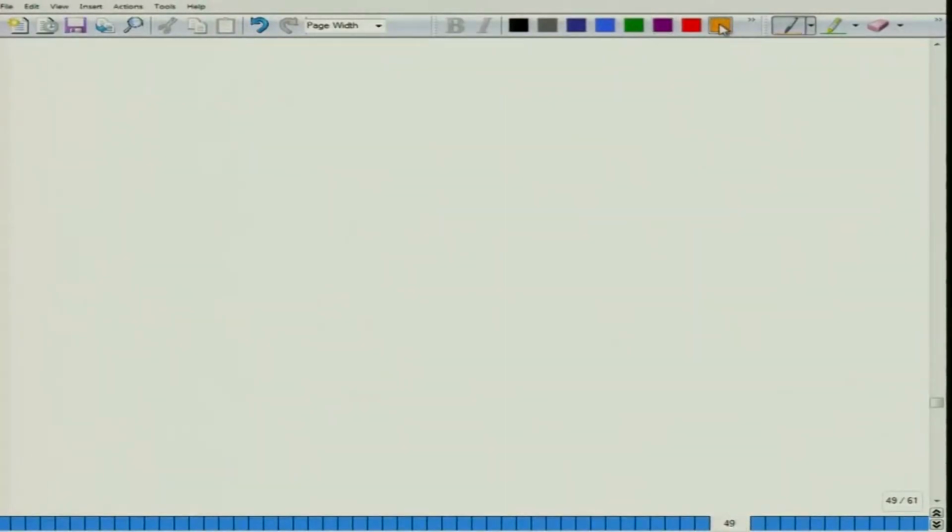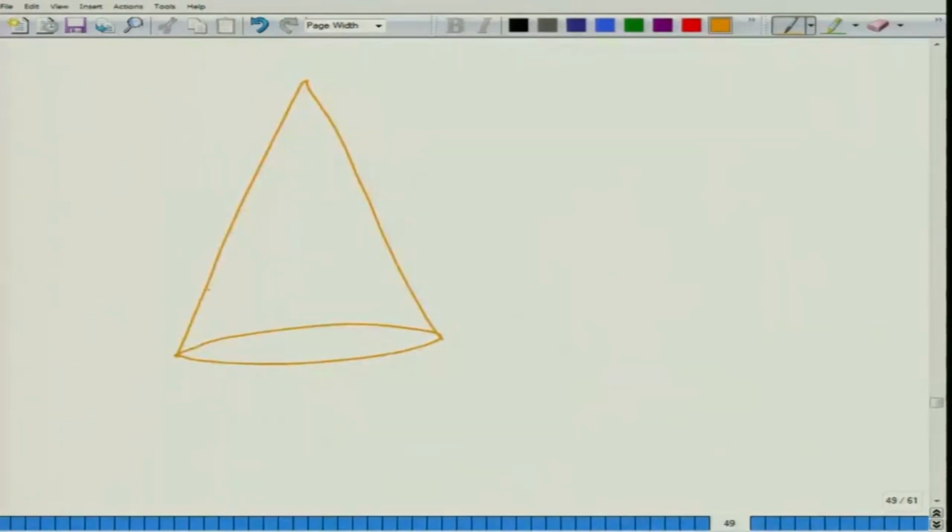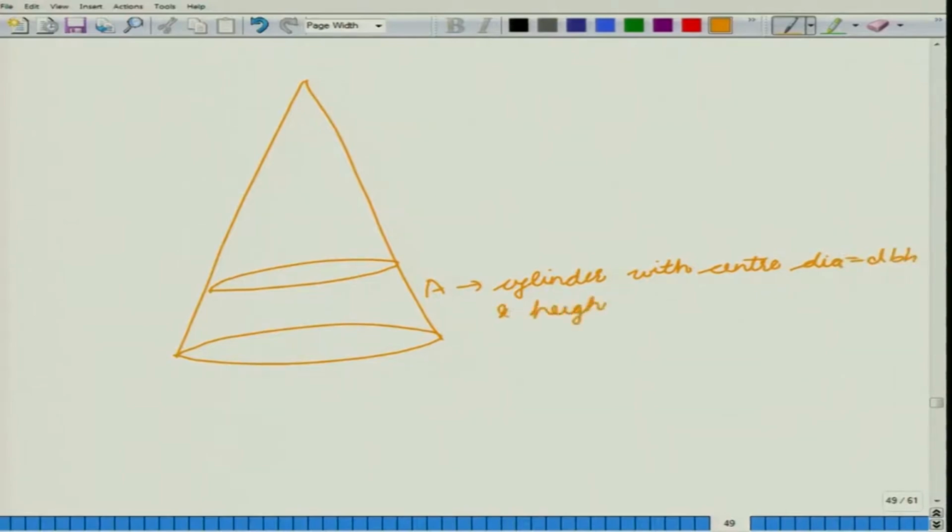To sum up, we have divided our tree into 4 sections. As in this figure, your section A is a cylinder with center diameter equal to dBH and height equal to 2 into breast height.